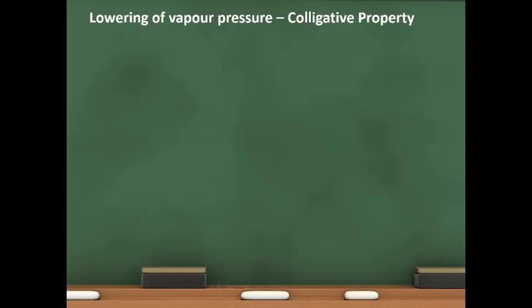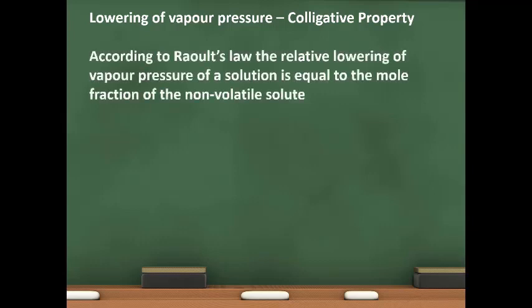Now we will see how lowering of vapor pressure is a colligative property. Now according to Raoult's law, the relative lowering of vapor pressure of a solution is equal to the mole fraction of the non-volatile solute. That is P naught A minus Pa divided by P naught A is equal to Xb, or P naught A minus Pa is equal to P naught A into Xb.